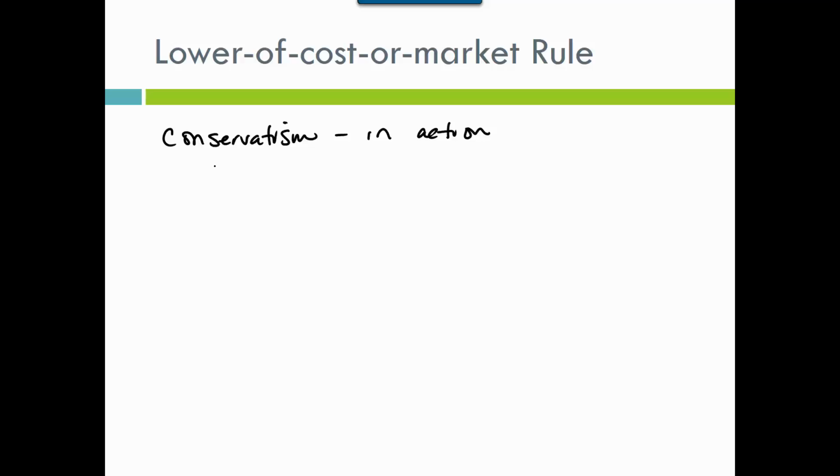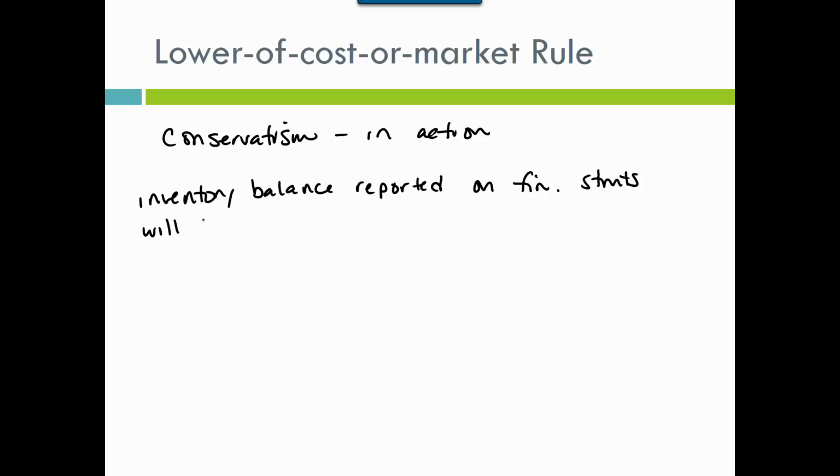And this rule says that the inventory balance that is reported on your financial statements will be whichever is lower, cost or market. Hence the name, lower of cost or market.